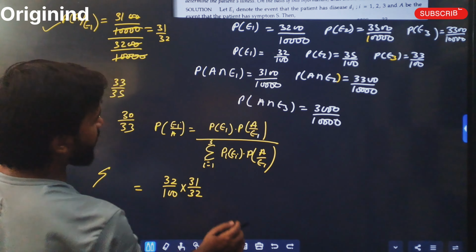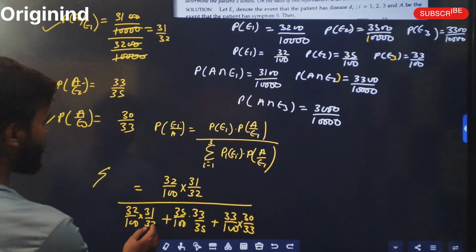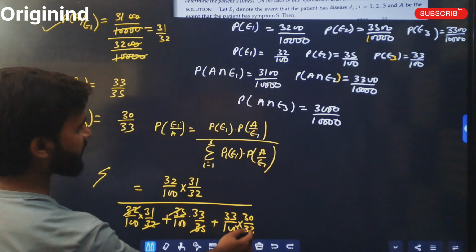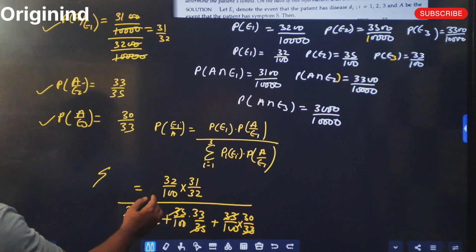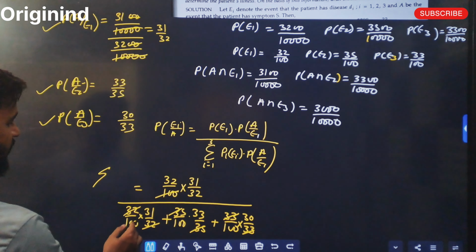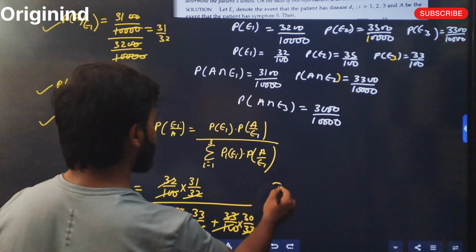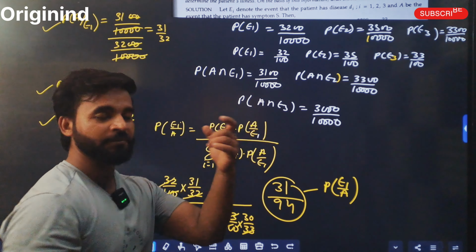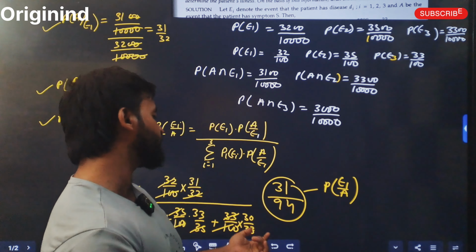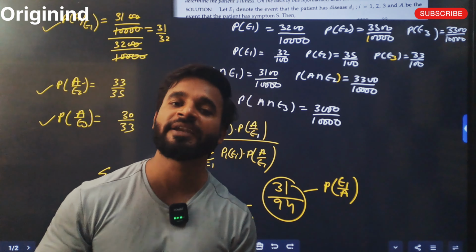Now we will solve this. 32, 35, 33 cancel with 32, 35, 33. What remains? 100 over 100 cancels out. So 32 cancels, and there is 31 divided by 31 plus 33 plus 30, which is 94. So P of E1 by A, meaning the first disease D1 given symptoms, has probability 31 by 94.